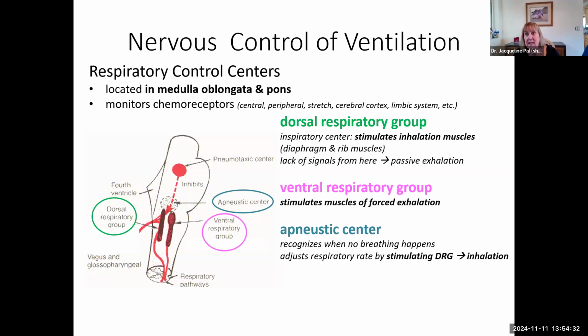So if you go 20 seconds without breathing, this is going to adjust your respiratory rate by sending an impulse to the dorsal respiratory group, which, as we learned before, stimulates your muscles of inhalation, thereby forcing you to take a breath.